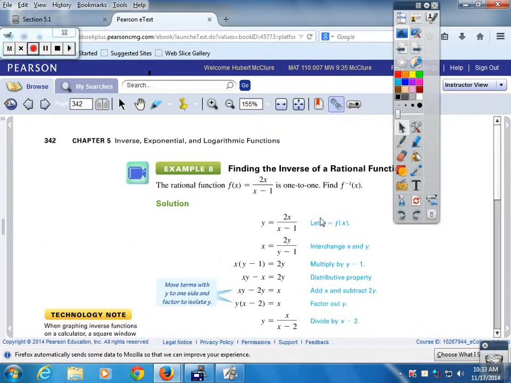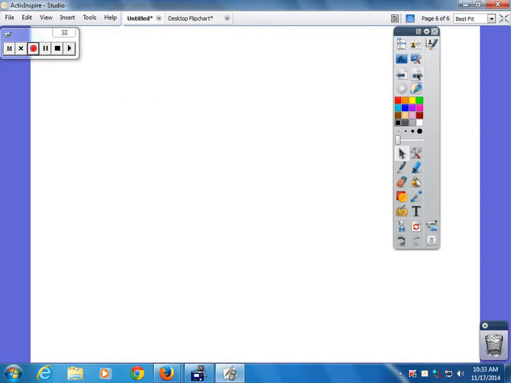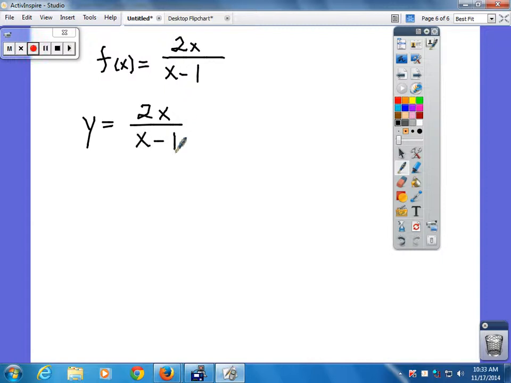F of x is equal to 2x over x minus 1. Y is equal to 2x over x minus 1. X is equal to 2y over y minus 1.